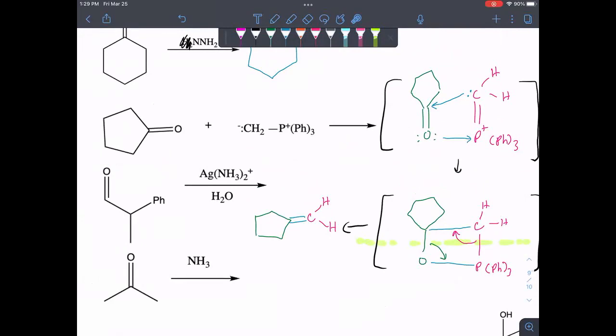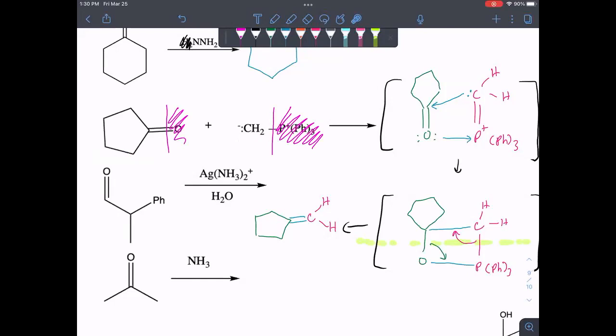Now we know that the bottom side product that we're not concerned with, we're just going to cut that off. I'm going to cut this down the middle, get rid of this oxygen, and also get rid of the triphenylphosphine oxide. Now all that's left is that you take these two R groups and glue them together.